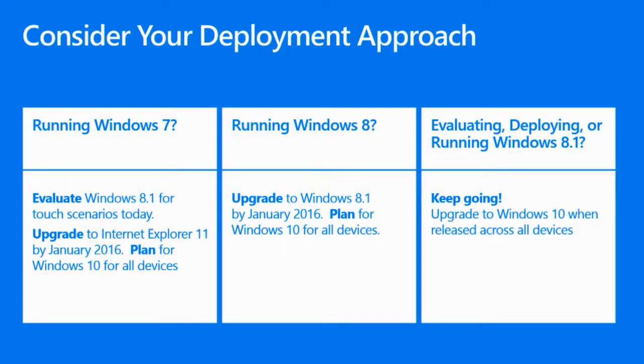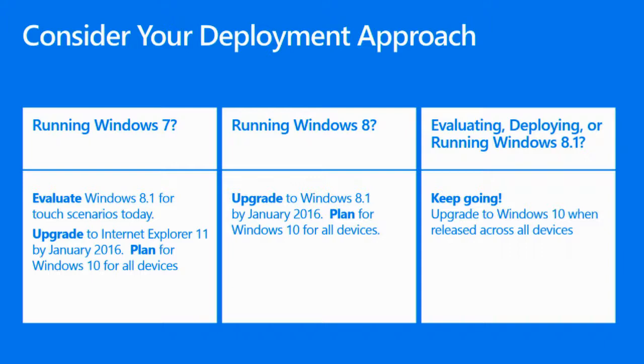Overall then, things to consider as far as deploying Windows 10, it depends on where you're coming from today. If you're currently running Windows 7, there's no real urgency to this. We'd say keep on trying Windows 8.1 for tablet and touch-based scenarios. Get to IE 11 by January 2016, and look at Windows 10 at the same time.